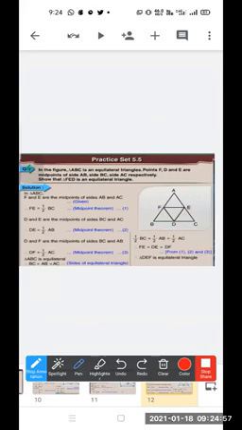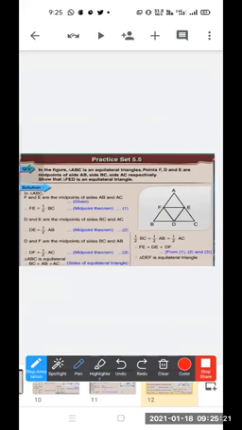Similarly, D and E are the midpoints of side BC and side AC, so DE is half of AB by the midpoint theorem.